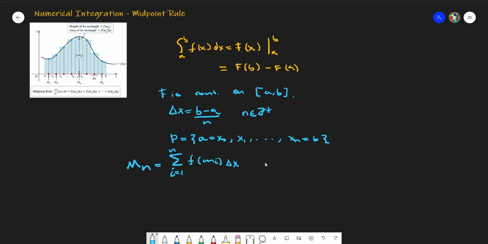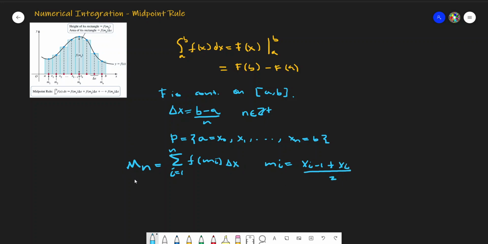Now, mi is actually just the midpoint of the ith interval, and we'll put a little formula right there.